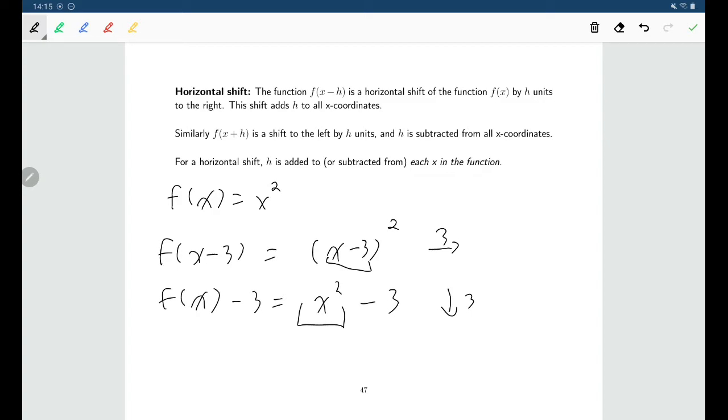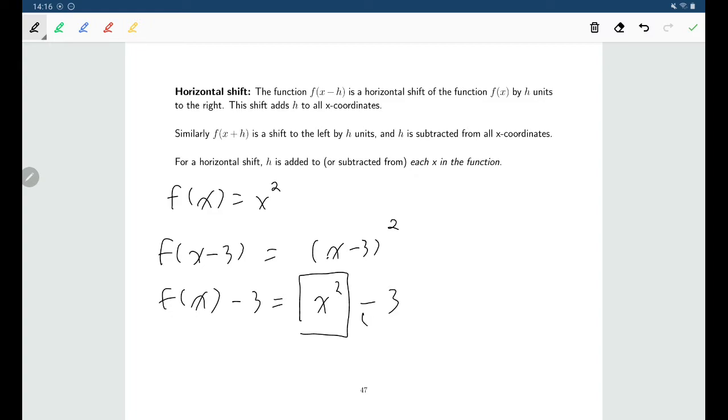So that's one thing that we'll need to be able to do, to be able to distinguish between these two kinds of transformations. Which one is a transformation in the y direction, which one is a transformation in the x direction. An easy way to keep this straight is that when we're talking about things in the y direction, it's amounts that are being added to, subtracted from, or multiplied by the entire function.